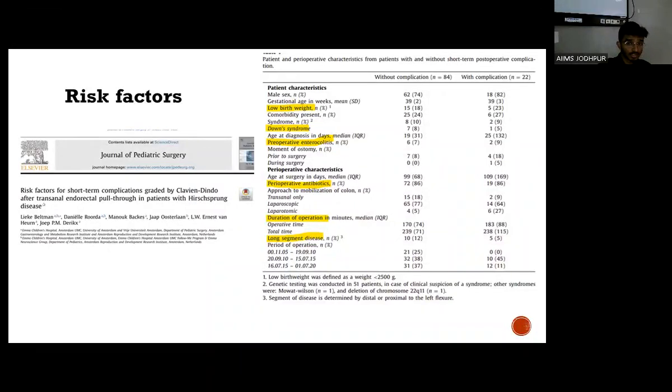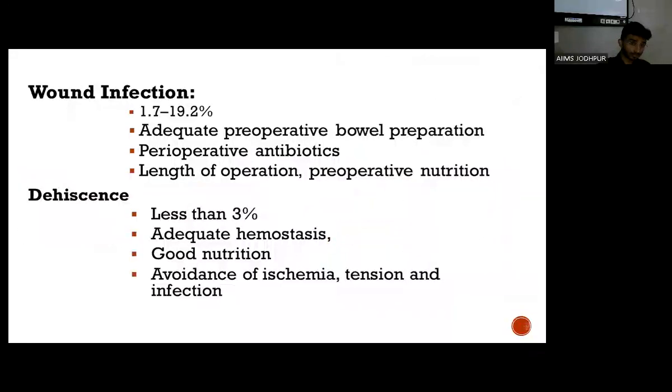But the risk factors I have highlighted are common in all other procedures also, like Down syndrome in a Hirschsprung disease patient, preoperative enterocolitis, perioperative antibiotic use, duration of the operation, long segment disease, etc. These are common risk factors which further lead to complications in the patients.